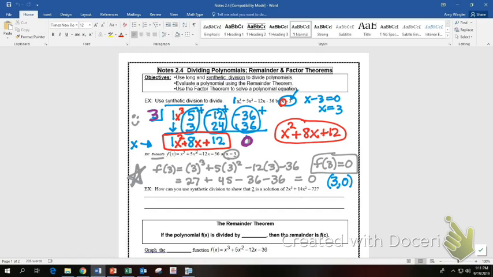So if you want to use synthetic division to help you find an x-intercept, or in this next example, a solution, because remember x-intercepts are solutions, then you can plug 2 inside the box, do synthetic division, and if you get 0 for a remainder, then that will tell you 2 is a solution.